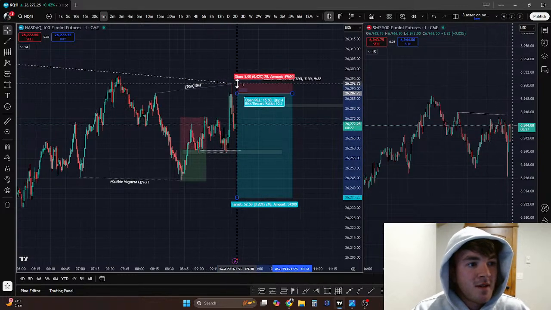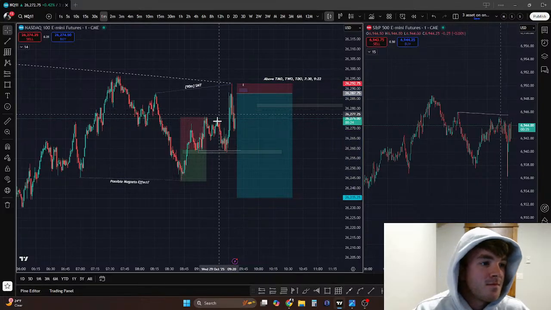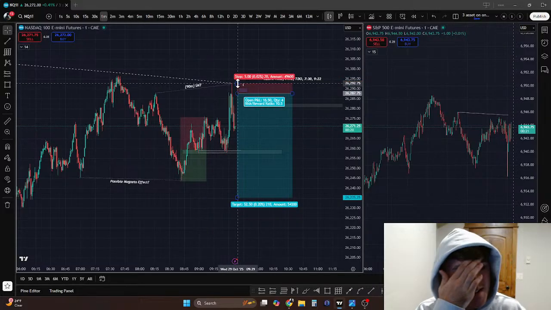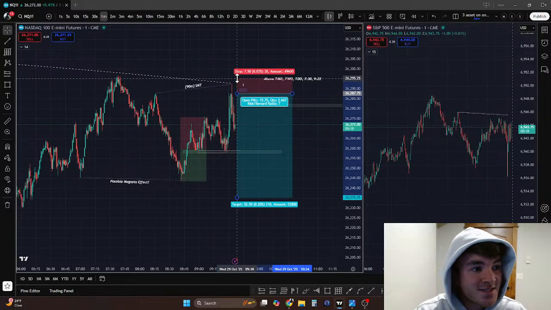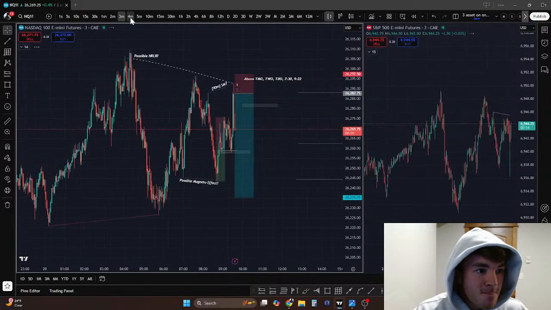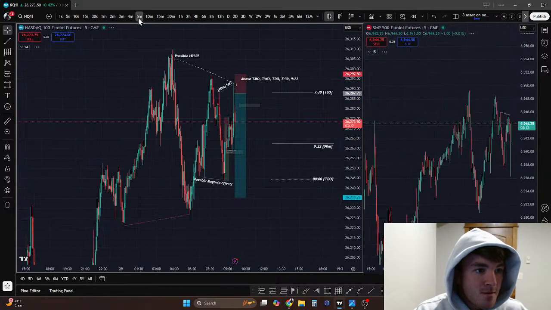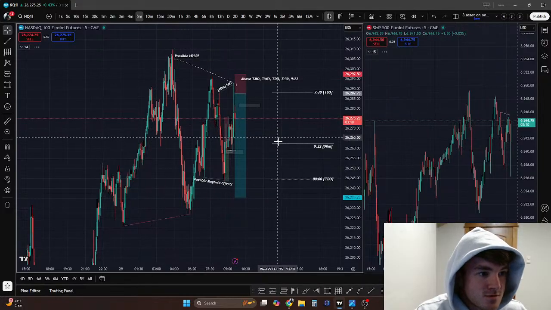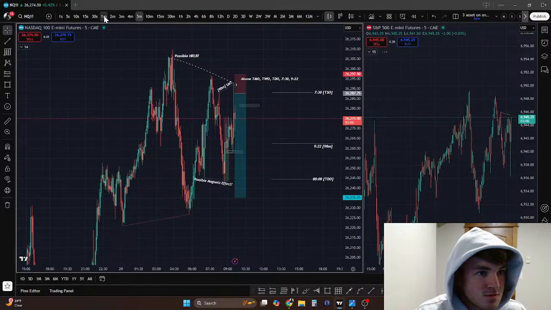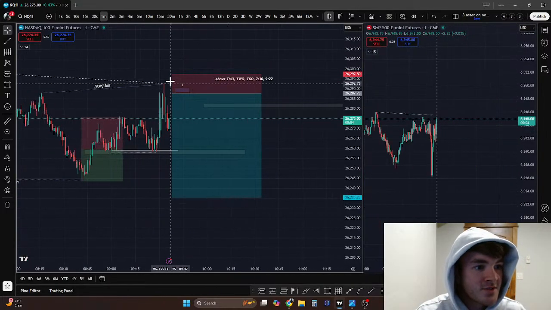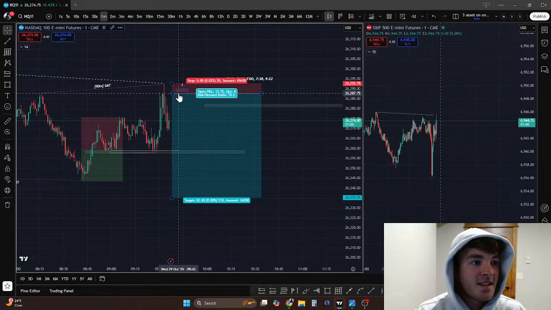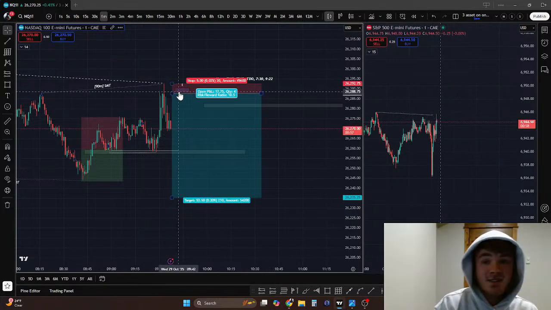The issue is the stop's supposed to be like that. I don't know, it's too scary. It's just too much risk. But yeah, technically the trade's supposed to be taken like this. Maybe that's how we have to take it.